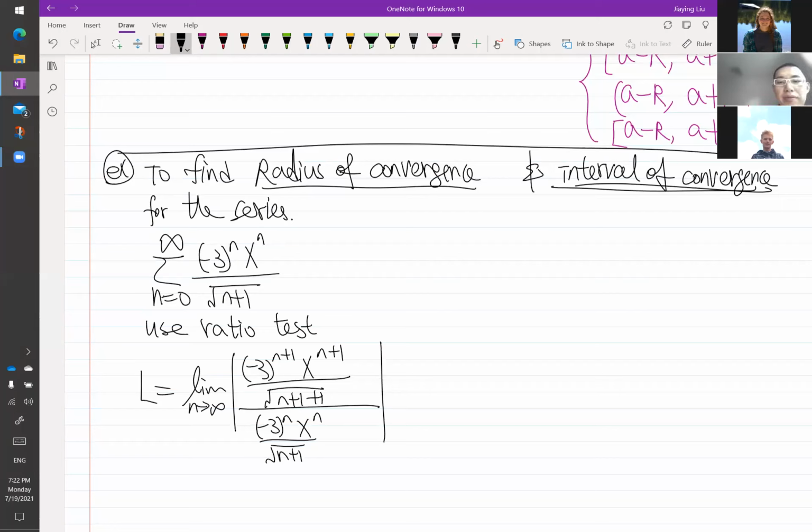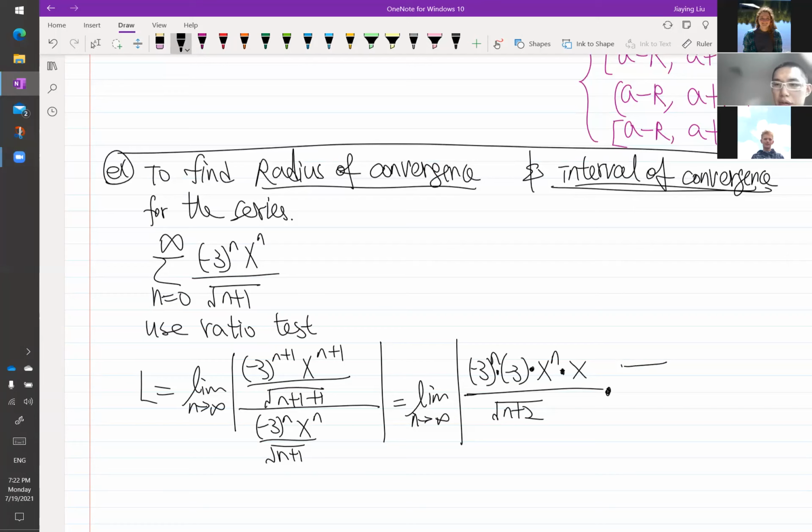And again, I'm going to try to simplify. In the process of simplifying, I'm going to separate the numerator terms and make it (-3)^n times -3, and x^n times x, and then divide by the square root of n+2, multiplying by the reciprocal, which is the square root of n+1, divided by (-3)^n x^n.